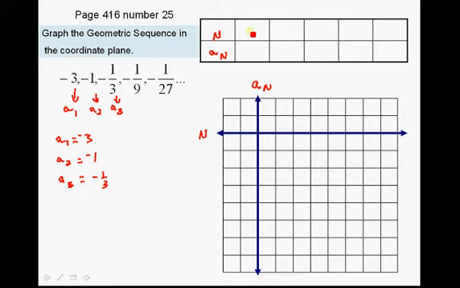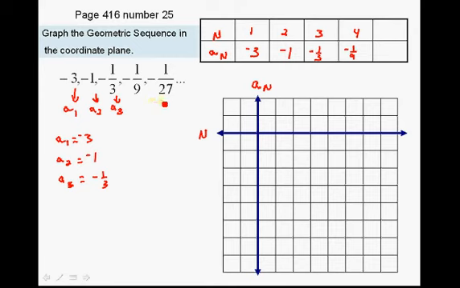When n is equal to 1, a sub n is equal to negative 3. When n is equal to 2, a sub n is equal to negative 1. When n is equal to 3, a sub n is equal to negative 1/3. When n is equal to 4, a sub n is equal to negative 1/9.